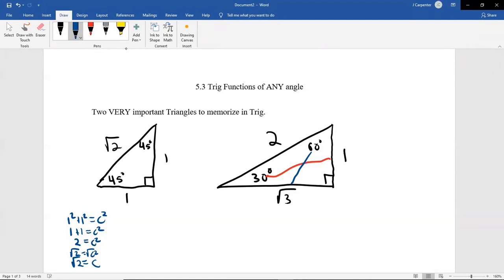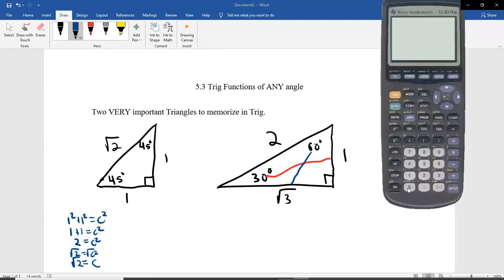The square root of 3 is bigger than 1, so it has to be opposite the 60 degrees. 2 is actually the biggest number, and if you don't trust me, the square root of 3 is 1.7. So that's the middle number. And it might confuse you because you might just think it's a 3. That's the square root of 3.